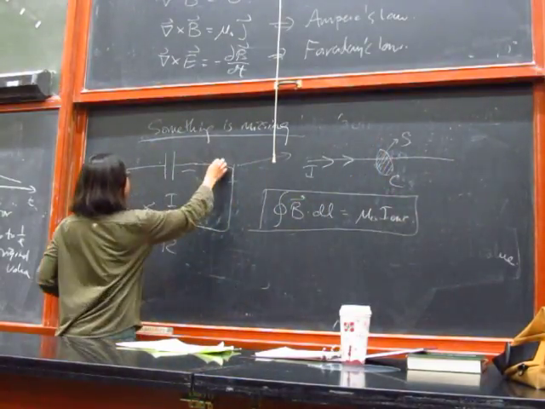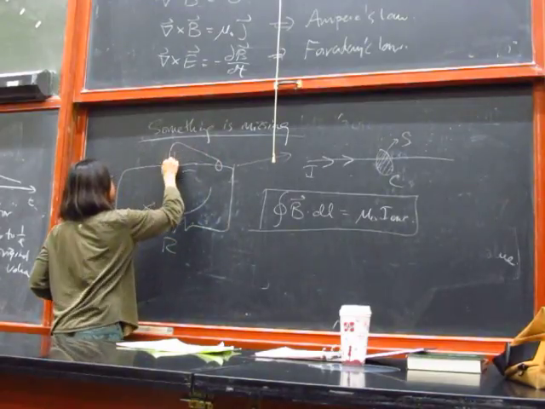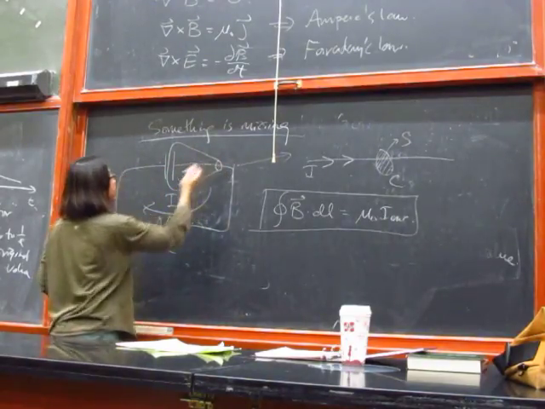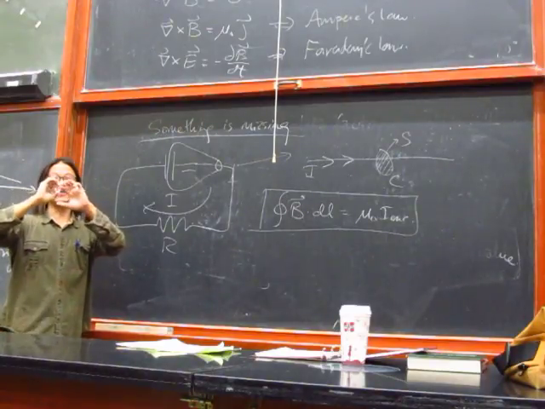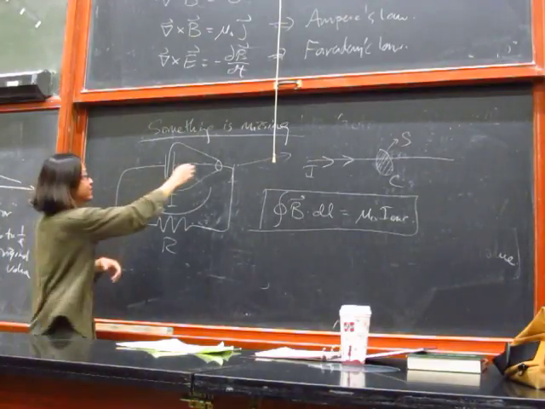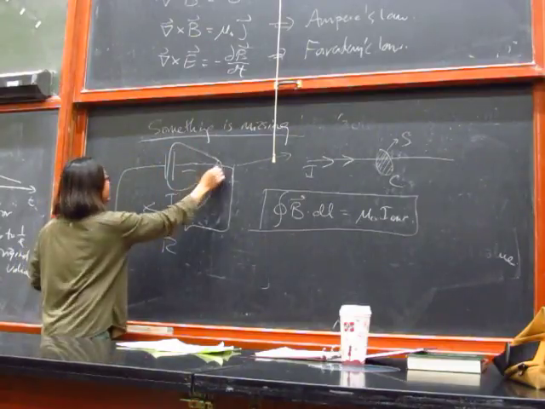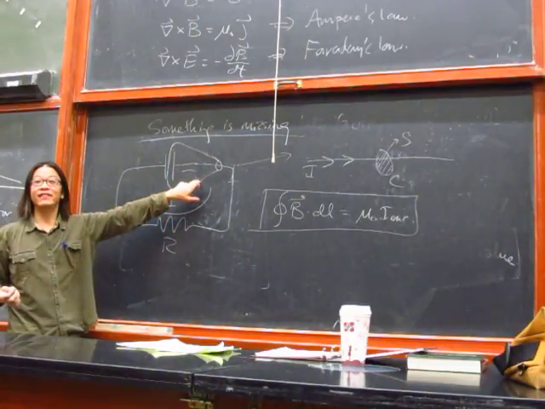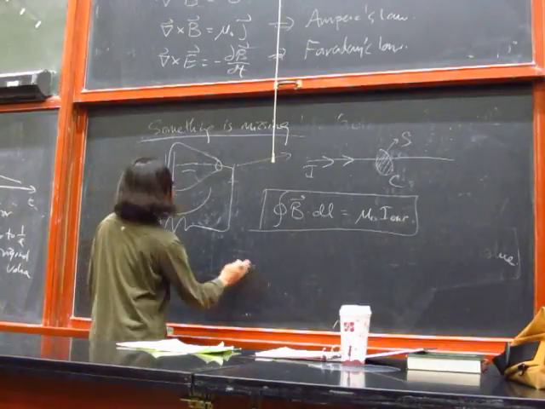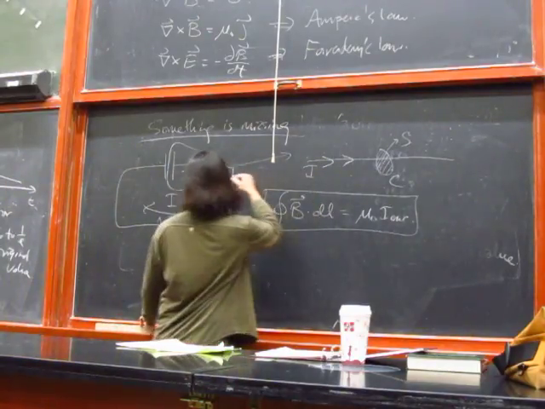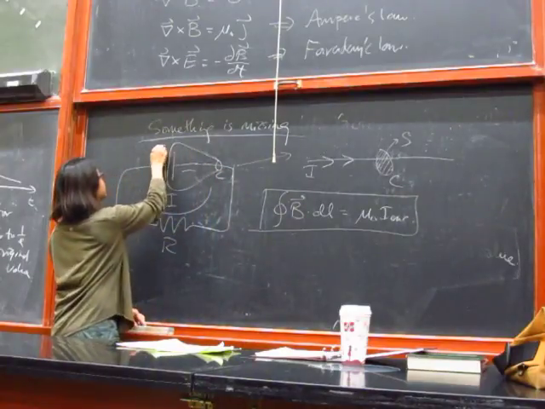Suppose I take my surface to be something like a bag, glued onto the loop, so that you can enclose half the capacitor with it. Again, this is the loop C, but now the surface is S prime.